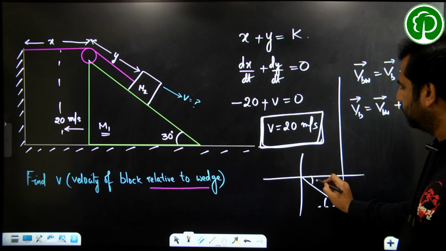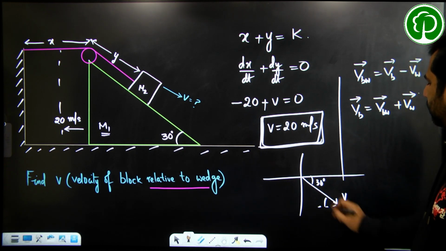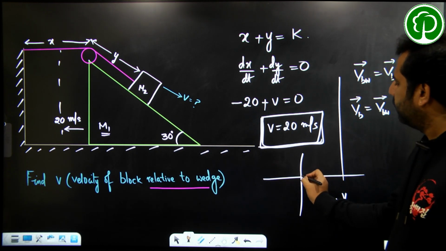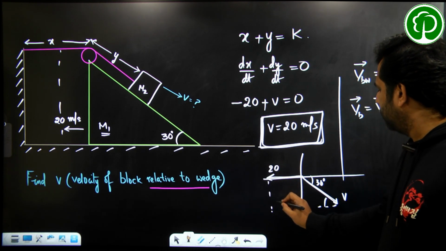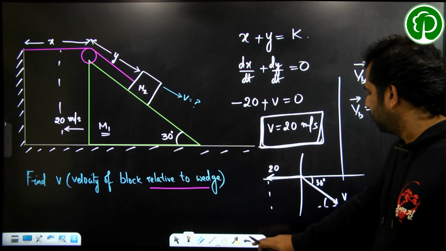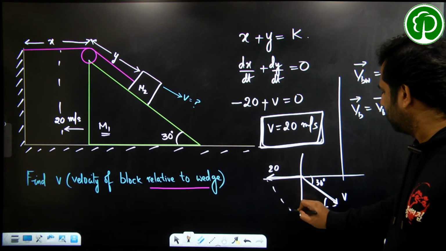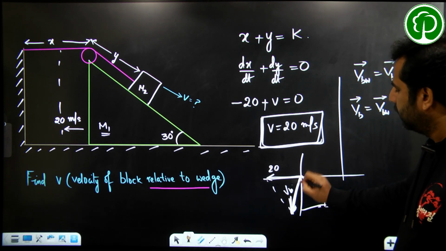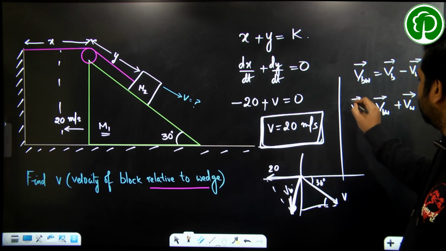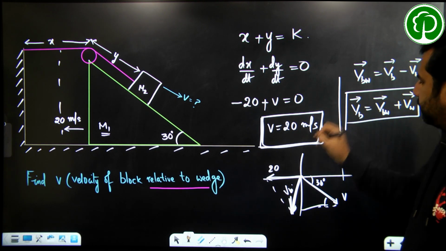This is 30, so this is also 30. So v is in this direction and the velocity of the wedge is in this direction, 20 meter per second. The resultant of these two is the velocity of the block as seen from the ground. You just have to add these two vectors properly.